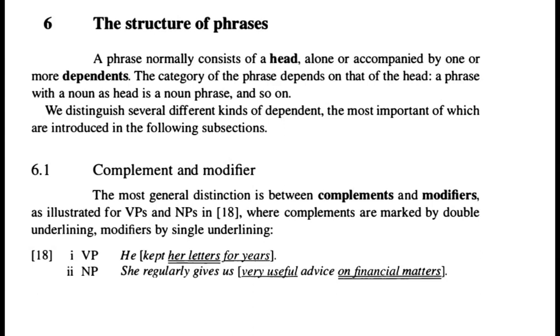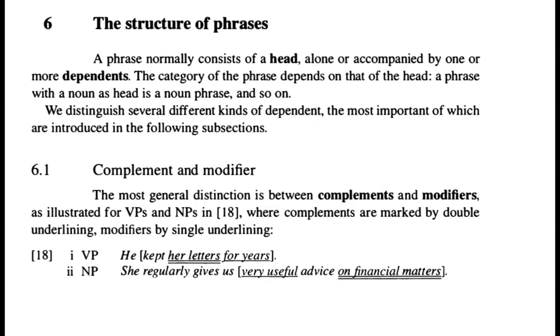Here the most general distinction is between complements and modifiers, as illustrated for verb phrases and noun phrases. A modifier modifies either the verb or the noun, so it depends where the modifier is, in the noun phrase or in the verb phrase. It depends, like the following example.